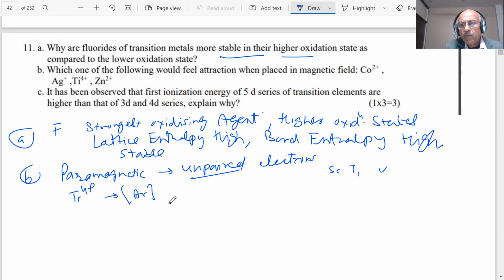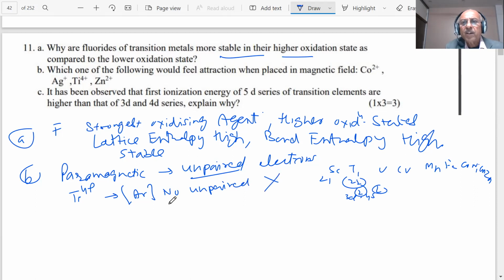Scandium, titanium, vanadium, chromium, manganese, iron, cobalt, nickel, copper, zinc: 21, 22. Titanium is 3d2 4s2, so 4 plus leaves 0. That means there is no unpaired electron, so it cannot be attracted.